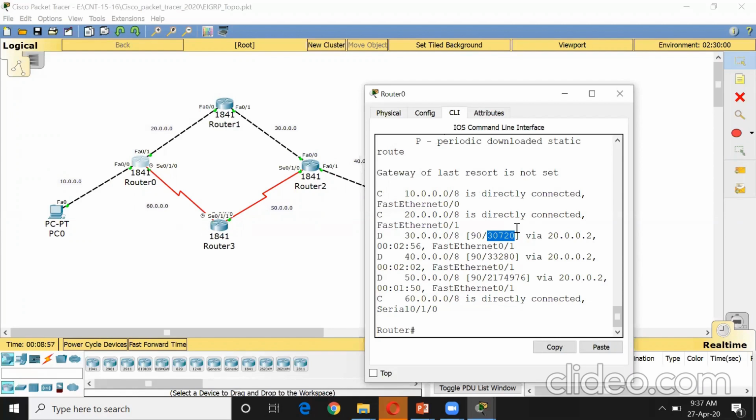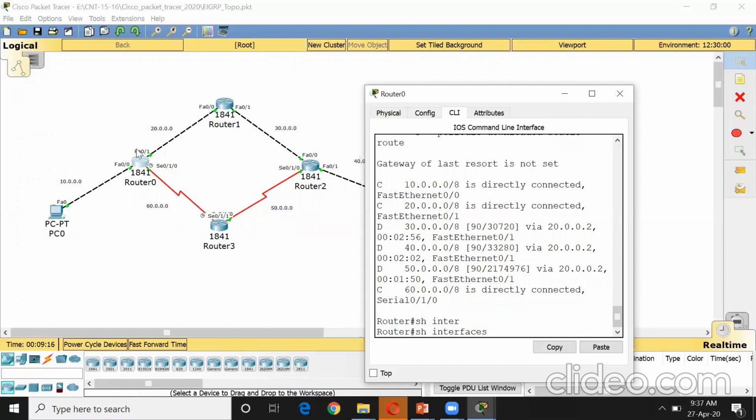That is 10 raised to 7 divided by least bandwidth plus cumulative delay. If you notice here, FastEthernet interface is used, and to check that FastEthernet interface bandwidth as well as delay, you can give the command show interface, and this interface name is FA0/1.